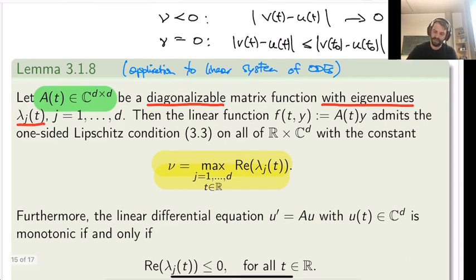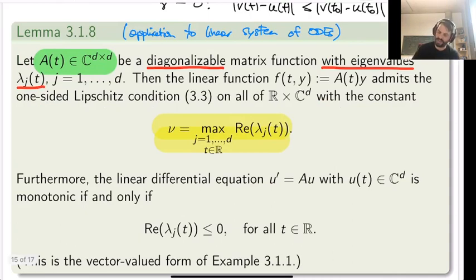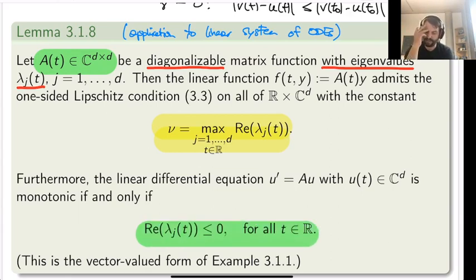And the linear differential equation with that f as right hand side is in fact monotonic if and only if all real parts of these eigenvalues are non-positive for all times t.